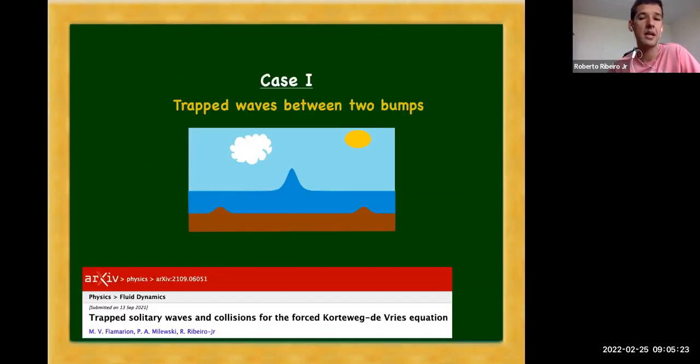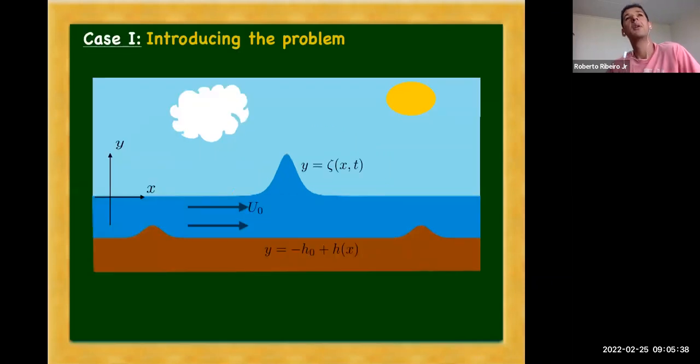Okay, let's start. Case one. The results that I'm going to present about this case are available in this paper, which is on the arXiv. First, let's describe our physical problem.